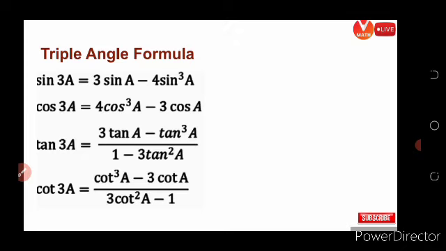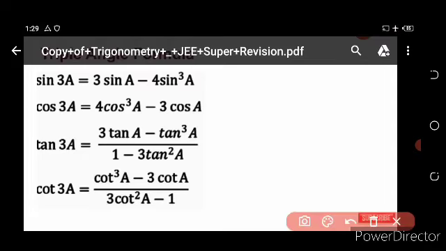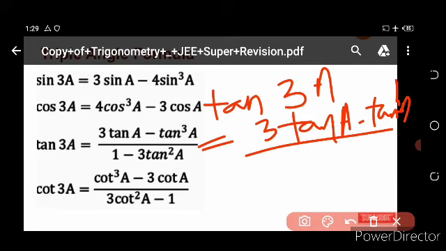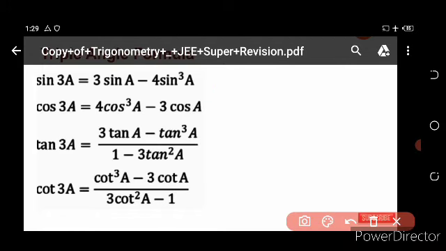Similarly, tan 3a is equal to 3 tan a minus tan cube a upon 1 minus 3 tan square a. Similarly, cot 3a is equal to cot cube a minus 3 cot a upon 3 cot square a minus 1. Okay, so the formula of tan 3a is equal to 3 tan a minus tan cube a upon 1 minus 3 tan square a.